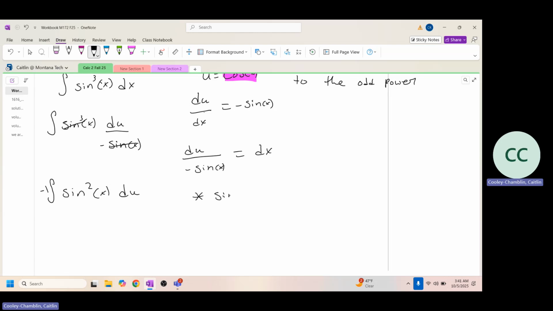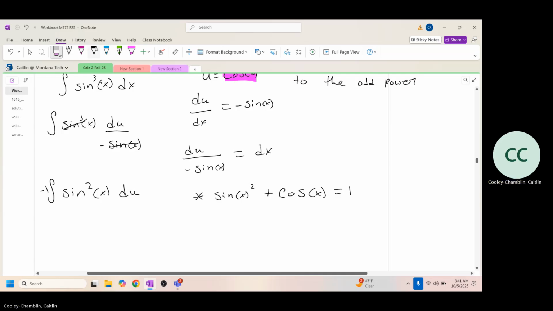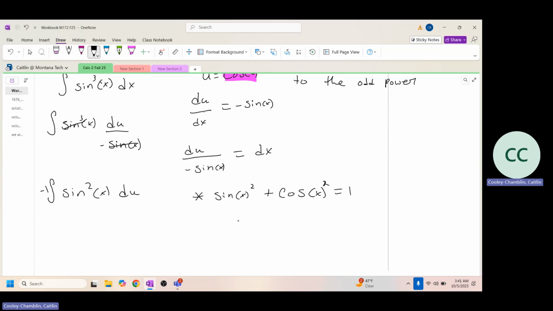So sine squared plus cosine squared equals 1, and I know that sine squared is equal to 1 minus cosine squared. I can substitute that in, so I get negative 1 times the integral of 1 minus cosine squared x dx.